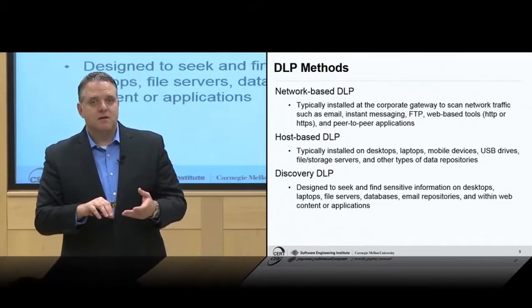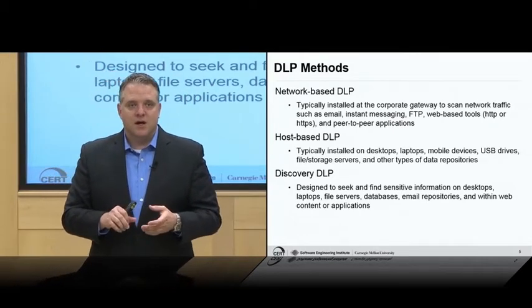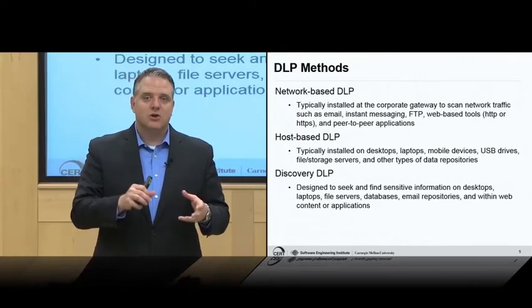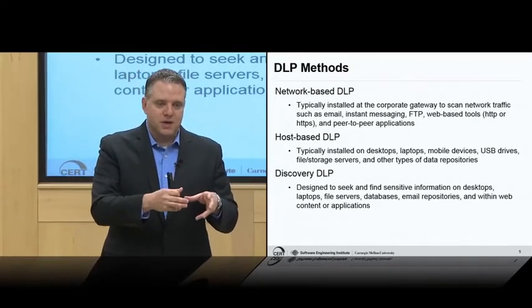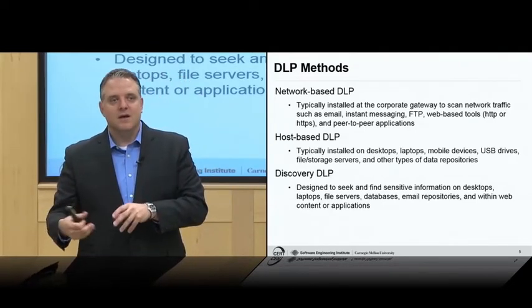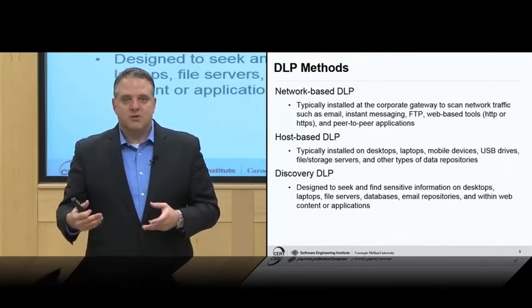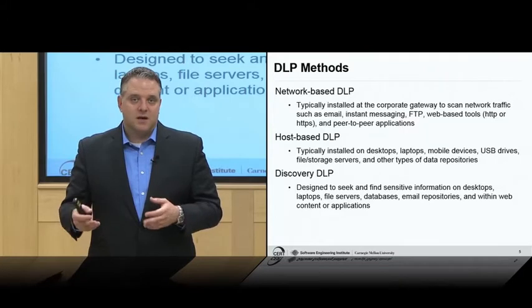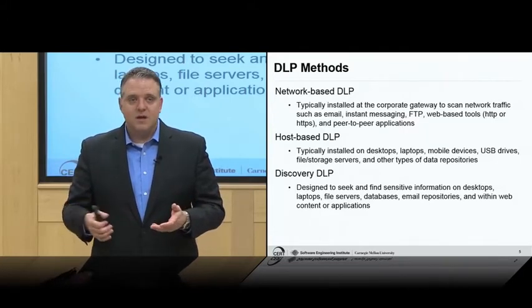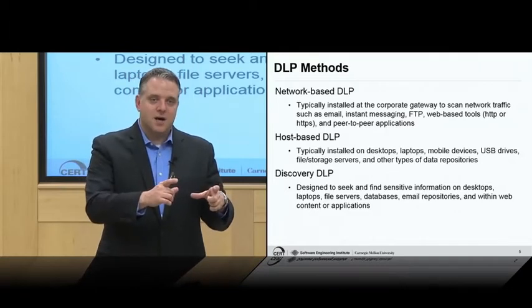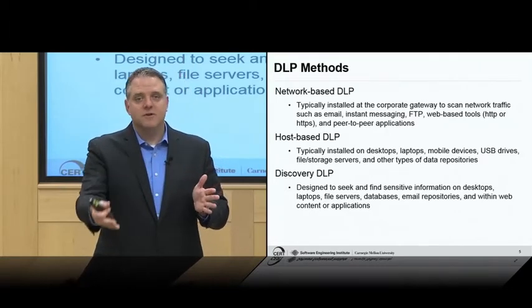Host-based DLP is usually installed on laptops, mobile devices, and it's looking for data on that host being copied to a USB drive, perhaps a smartphone or some other type of local media. Could even be a CD-ROM drive.